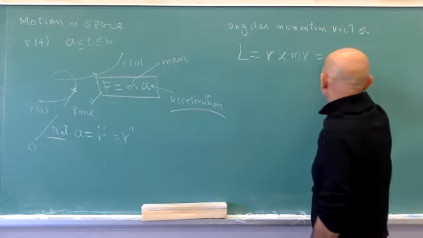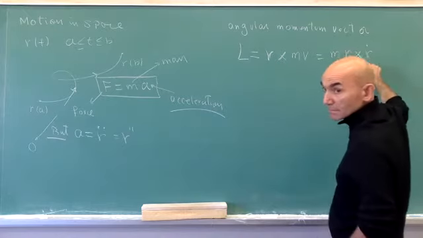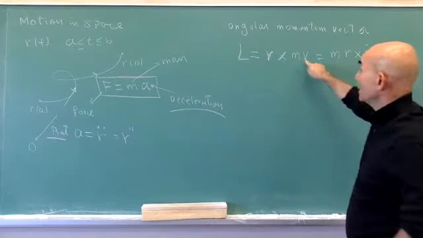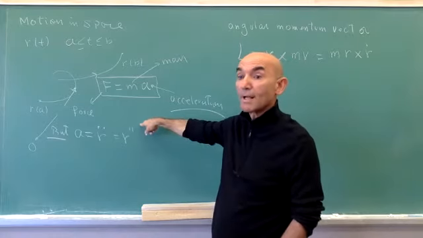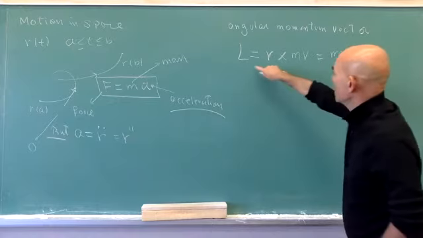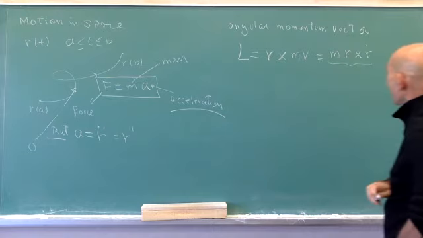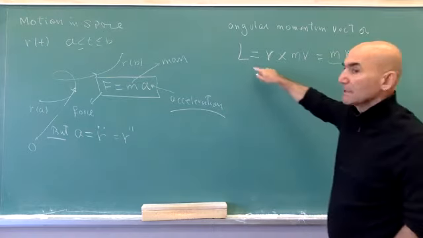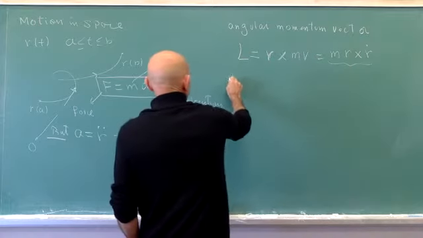So this is equal to m r cross r dot, because v, as I erased here, is r dot. Okay, so we have this equation, L equal to that.